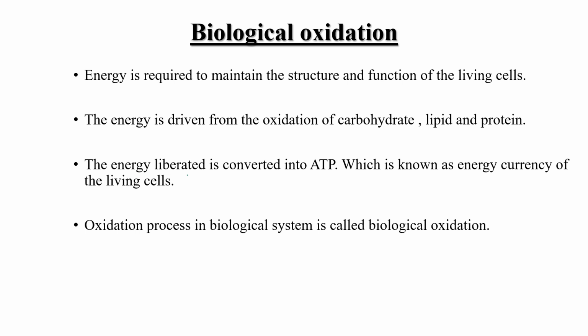And the energy liberated is converted into ATP, which is known as the energy currency of the living cell. This oxidation process in a living cell is called biological oxidation. So what is the definition? Oxidation process in a biological system is called biological oxidation.